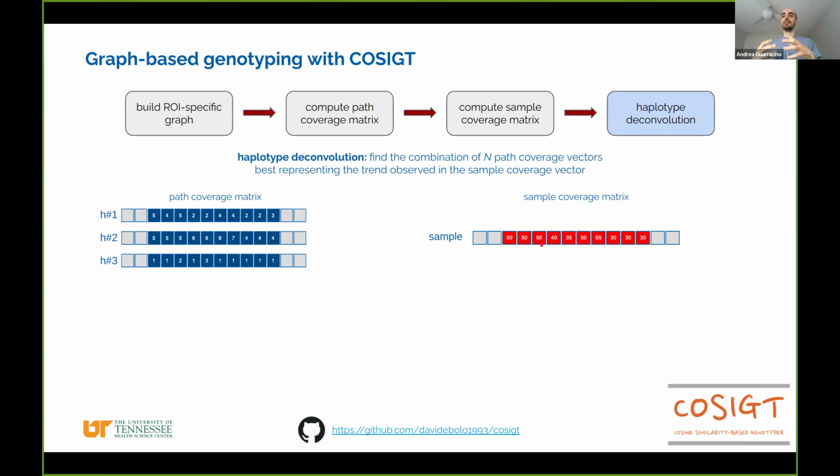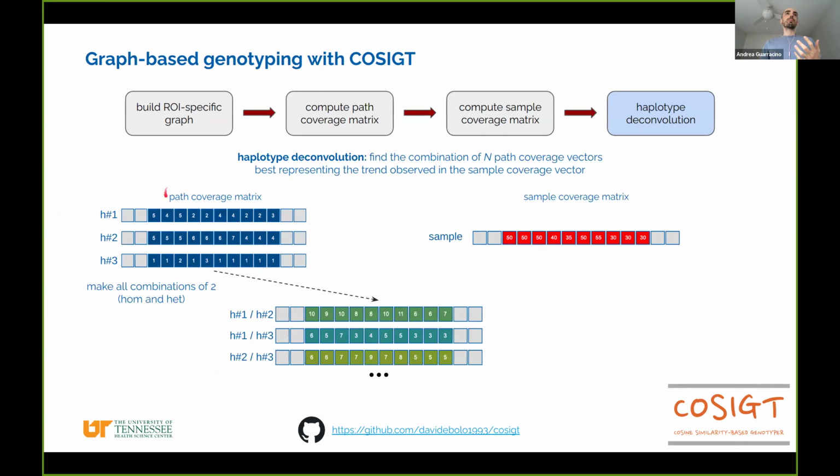We want to understand which kind of structural configuration this sample has. What do we do? We take all the haplotypes that we have in our pangenome, and we make all possible combinations of 2, both homozygous and heterozygous combinations. Here I'm showing just 3 kinds of combinations. What we do is just sum these coverage vectors each time.